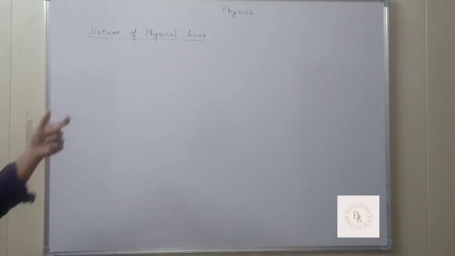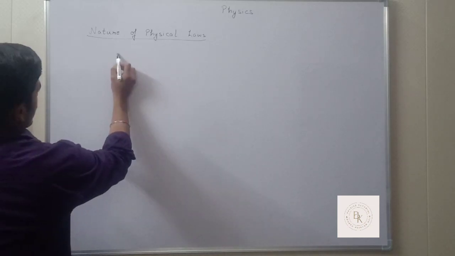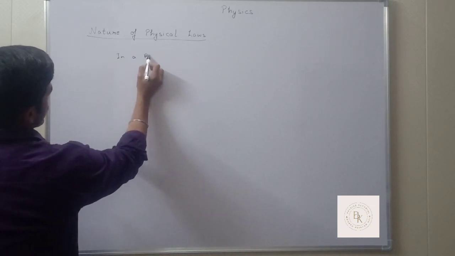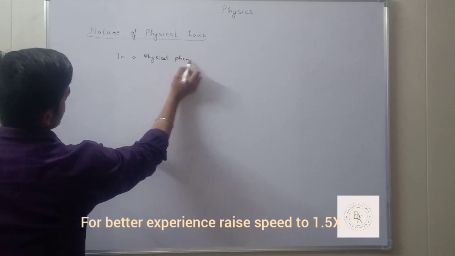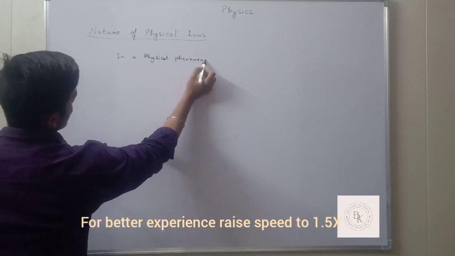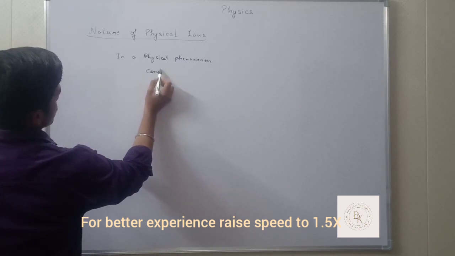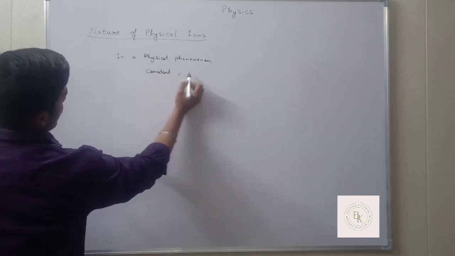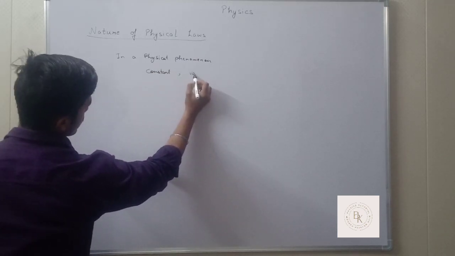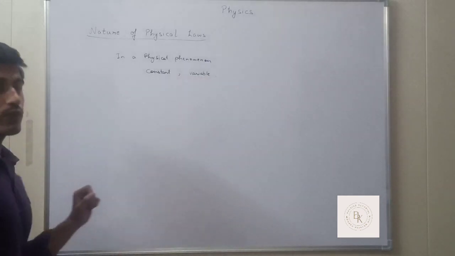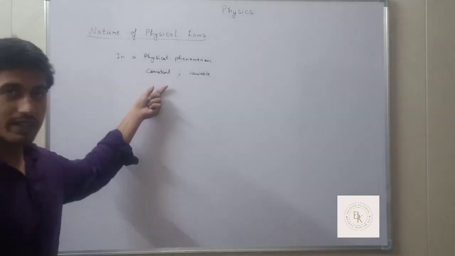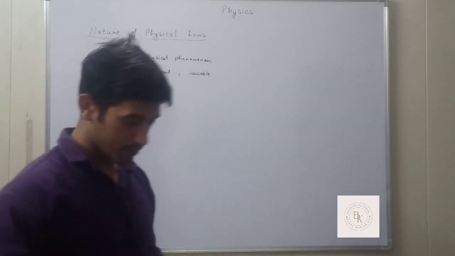So in a physical phenomenon, as we all know, some things are constant while other things are variable.